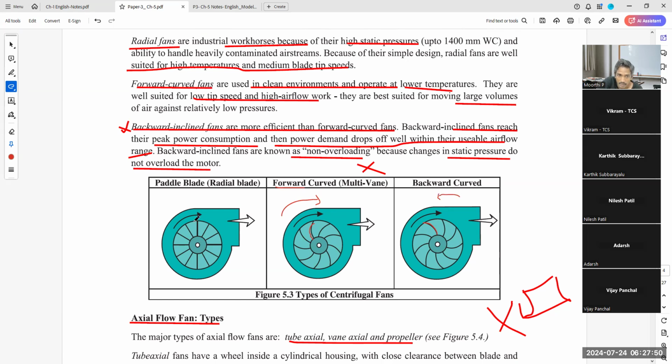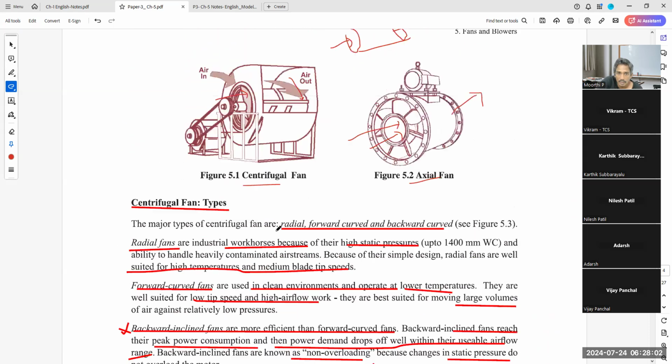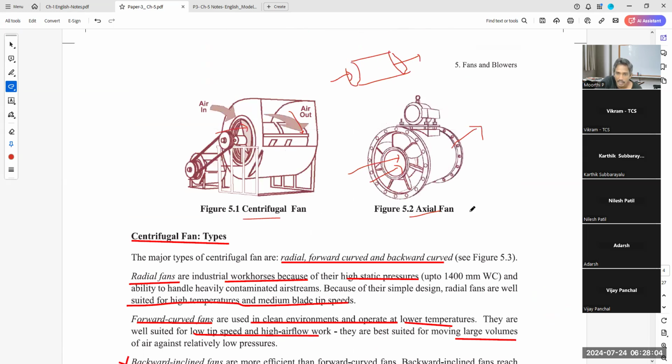This is backward. Here straight is radial, a paddle. Okay, this is the basic: the centrifugal fan and axial fan, two types. The centrifugal fan changes direction two times; axial flow has no direction change.